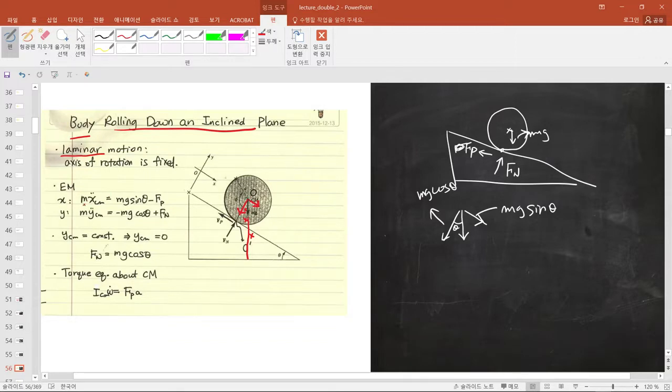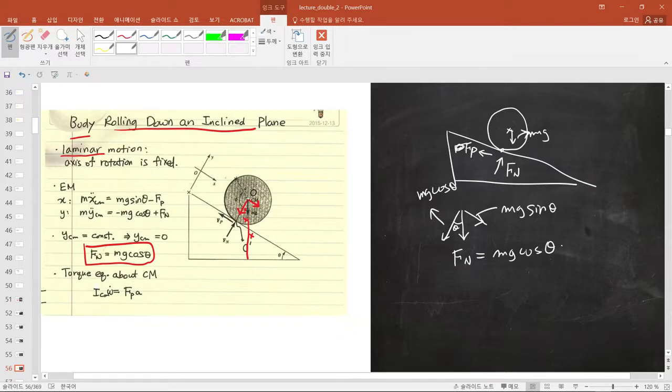Along the x direction, m x double dot is equal to mg sine theta minus Fp, the frictional force, and m y double dot is equal to mg cosine theta minus Fn, the normal force. Since there is no motion along the y direction, you immediately get Fn equals mg cosine theta.